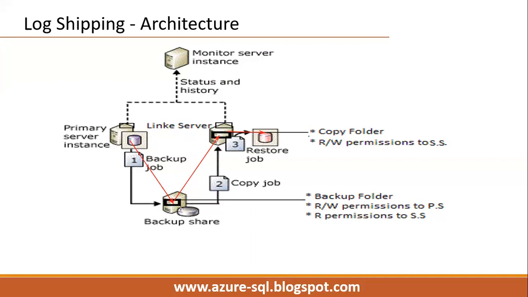Every 15 minutes, then in one day how many backups? 96 backups, for example. After 10 days how many backups? After 1 month how many backups? That's why this backup disk may get full, right?